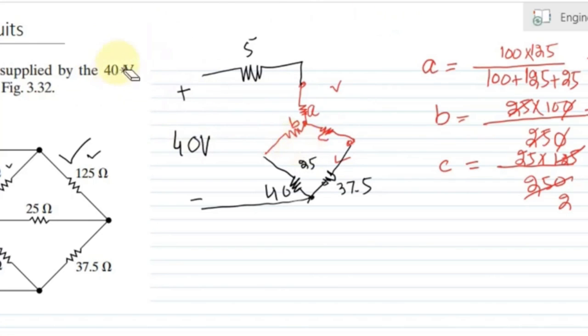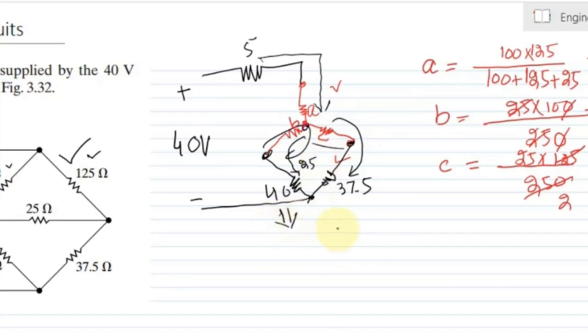So the equivalent circuit will become like this: A and 5 are in series, the series combination of resistor B and 40 are again in series, while C and 37.5 are again in series, and the configuration of these two is basically in parallel.